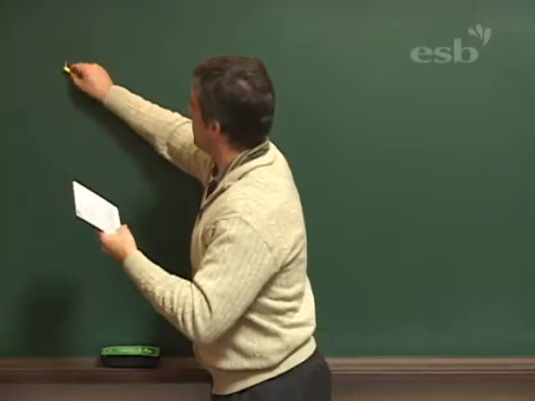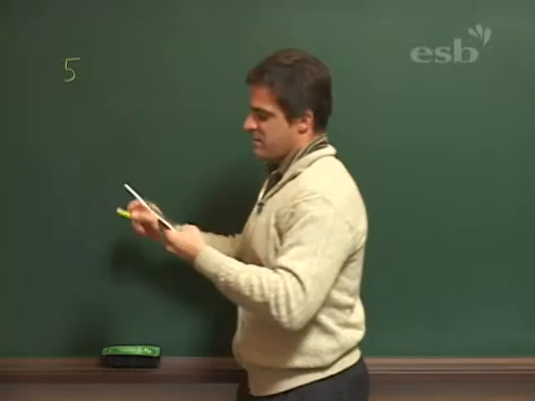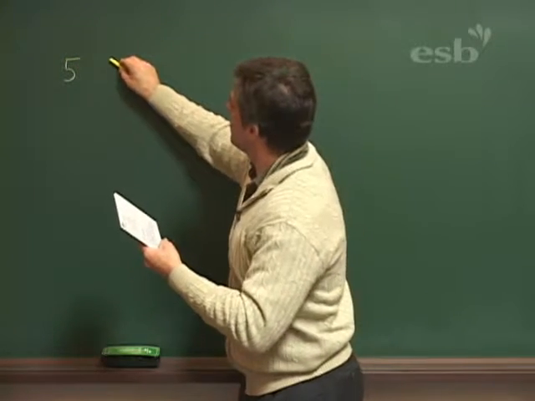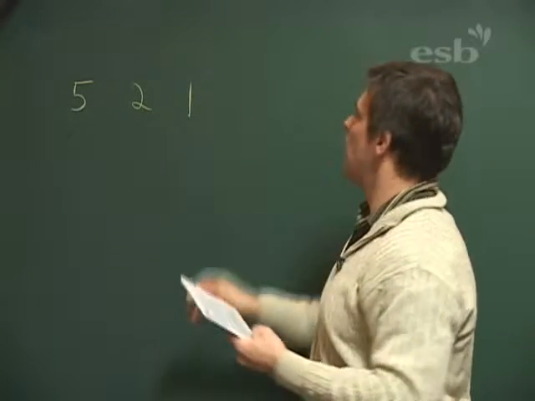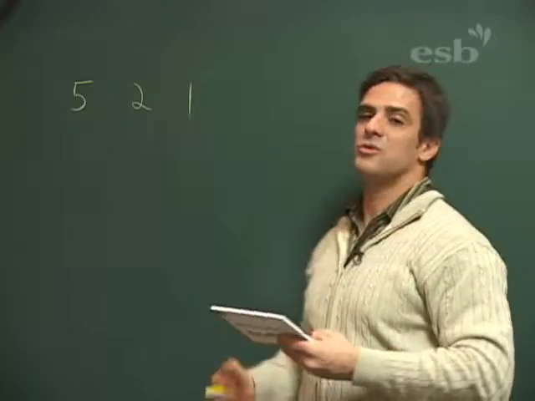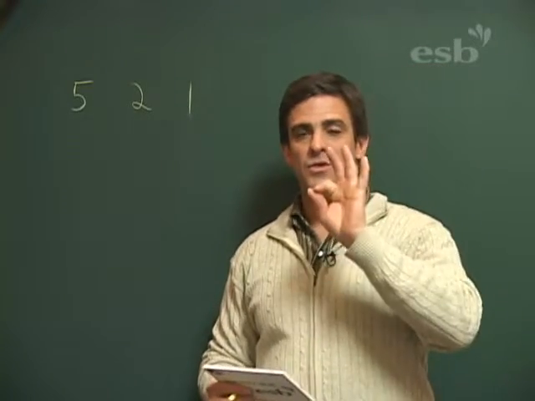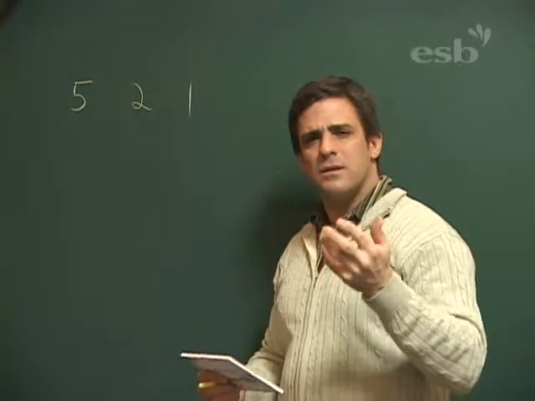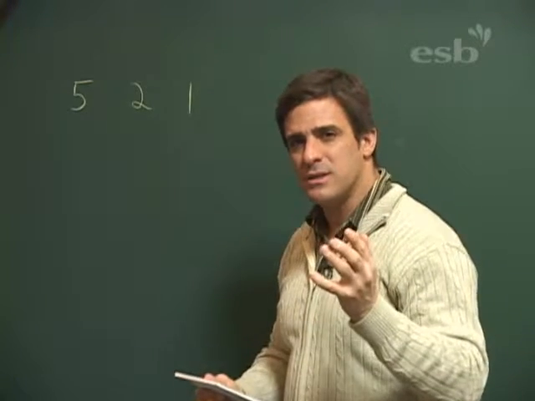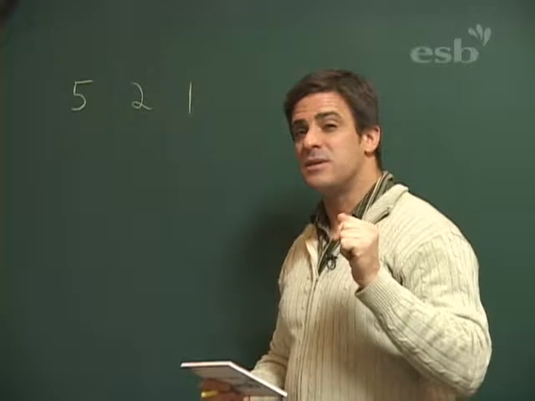Here are 3 numbers for you. We have the number 5. We have the number 2, and we have the number 1. 5, 2, and 1. 3 numbers. Now, we're going to do some subtraction and some addition.